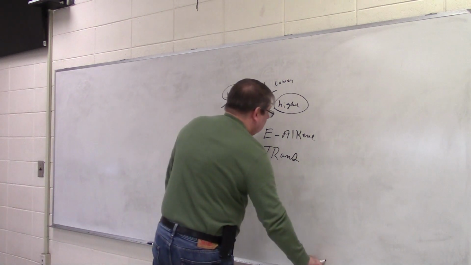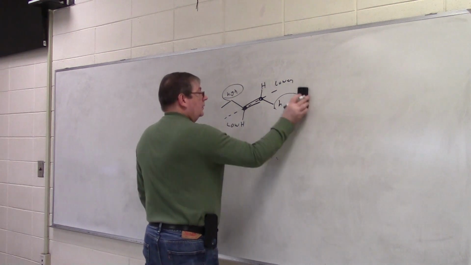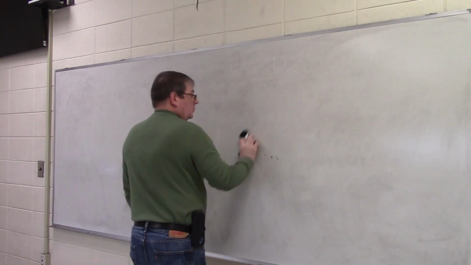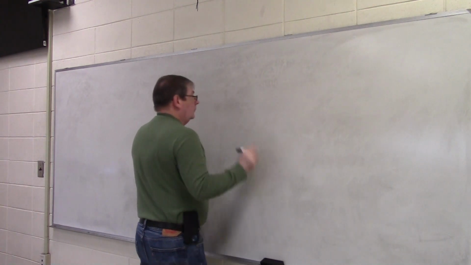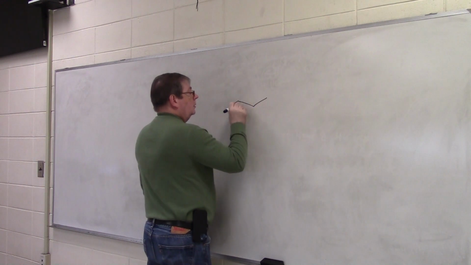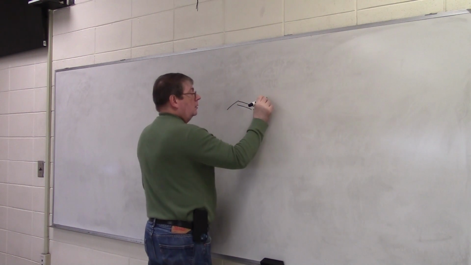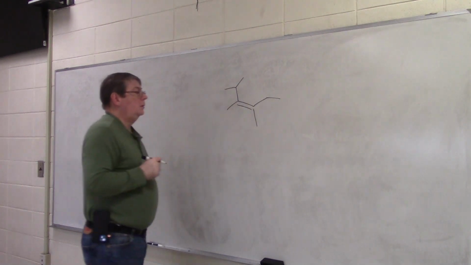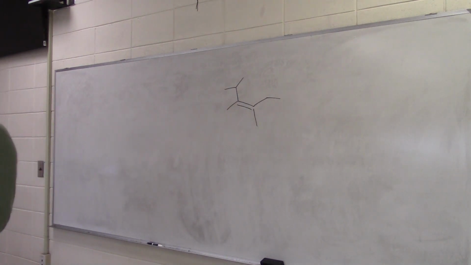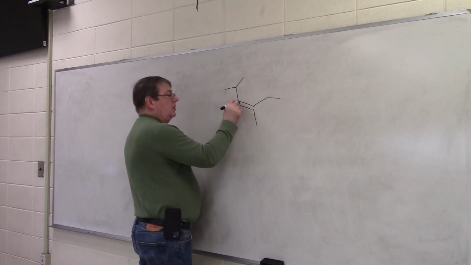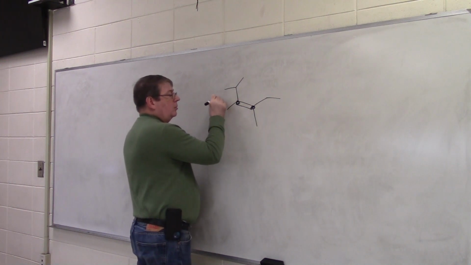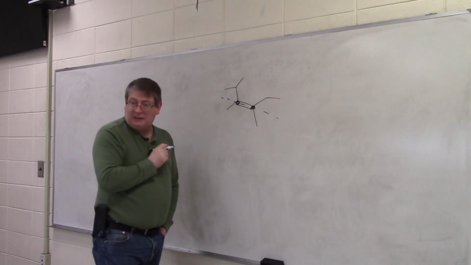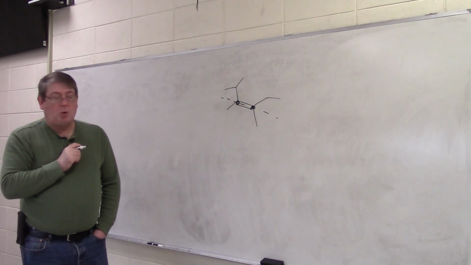Let me give you something a little different. We're going to do exactly the same thing. We're going to look at this carbon, and we're going to look at this carbon, and we're going to see how things are relative to that plane. So let's just take them one at a time.